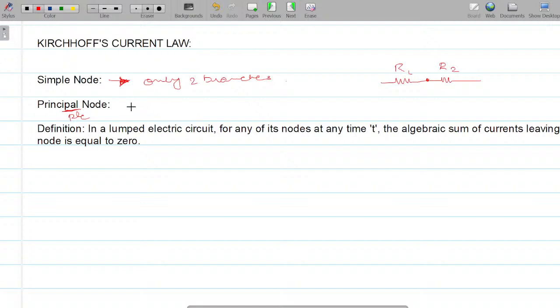Okay. Now talking about what is a principal node. An interconnection between more than two branches. So what would that be?